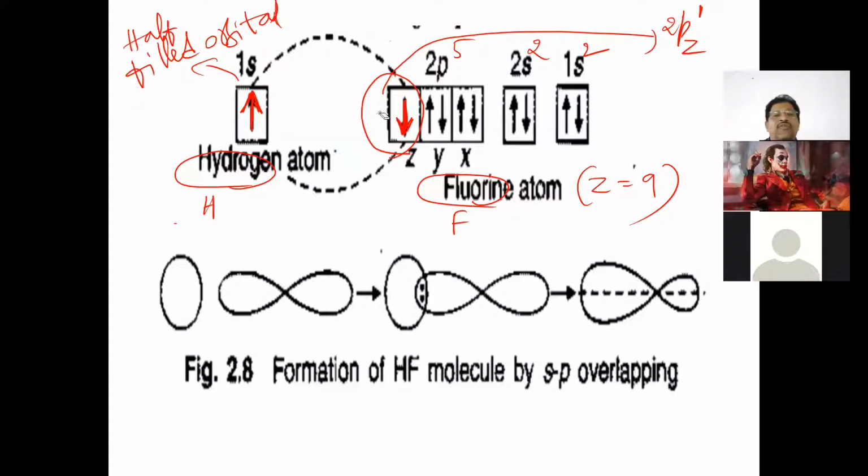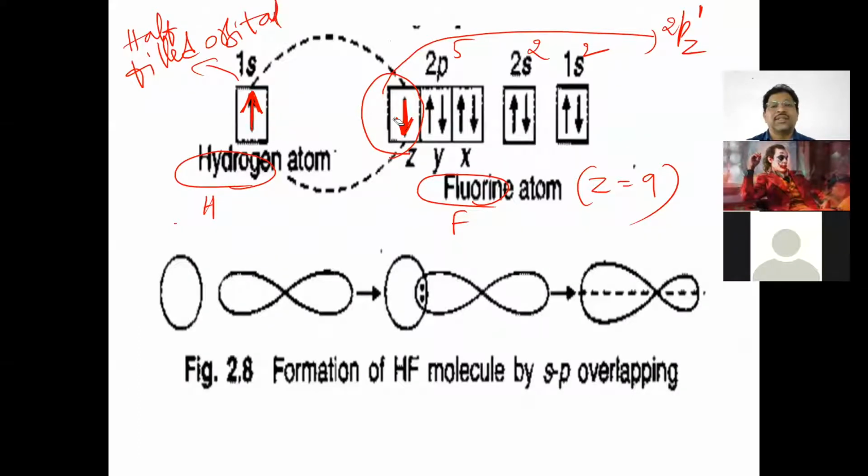So these two half-filled orbitals of the hydrogen atom and the fluorine atom have oppositely spinning electrons. This is a clockwise spinning electron and this is an anti-clockwise spinning electron. So these two electrons have opposite spin. What is the condition according to VBT, valence bond theory?